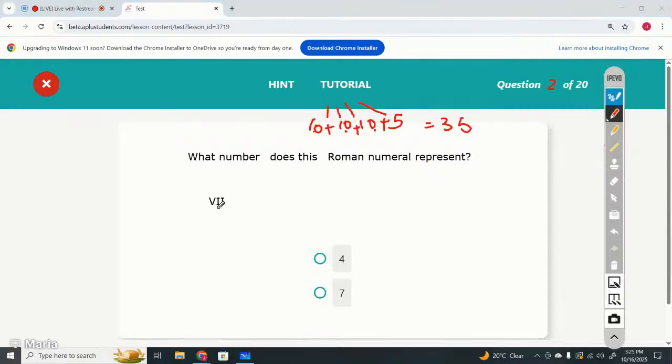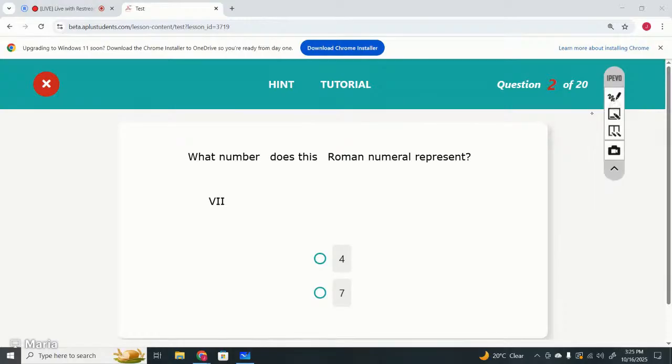V is for 5, then 5 plus 1 plus 1. So together they make 7. The correct option is 7. Option number 2 is the correct option.